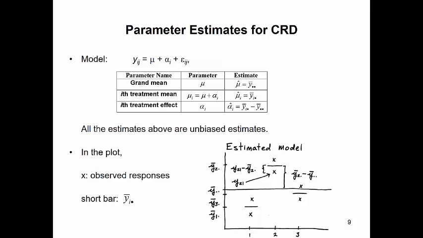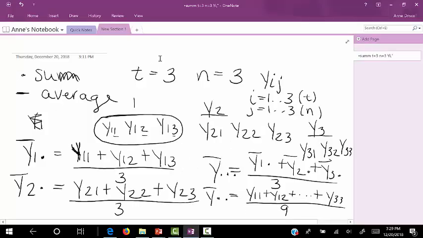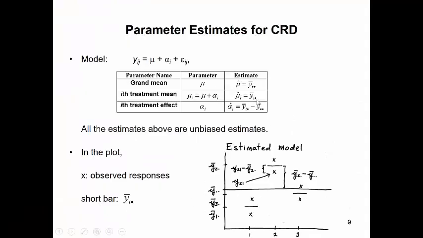If we look back at what we had before, you'll see that this is your y2 dot bar. That's the same thing here. So each group mean is an average. The treatment effect, your alpha i, was that distance from your group mean to your overall mean. You can see all of that here in the estimated model, and if you go back to what we did with the conceptual model, you'll see that there's a real link between the two.